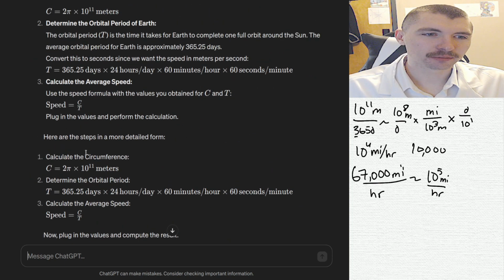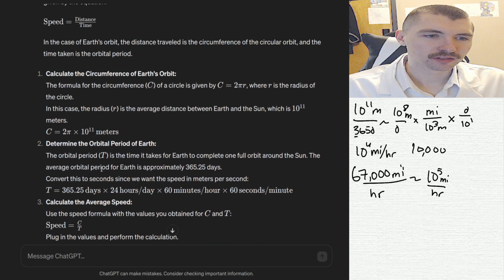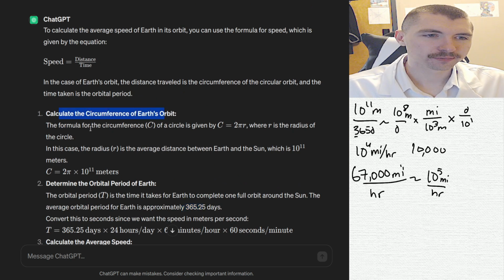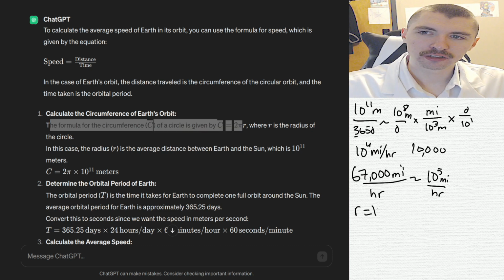Only thing I can think of is it might be the circumference. We know it's 365.25 days. Circumference of the Earth. The circle is 2 pi r. So it's saying r is 10 to 11.